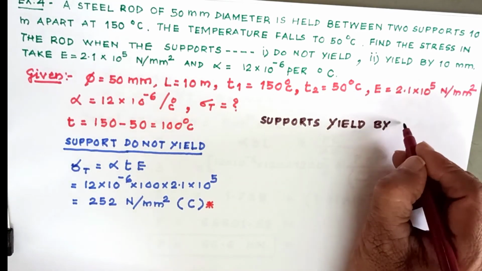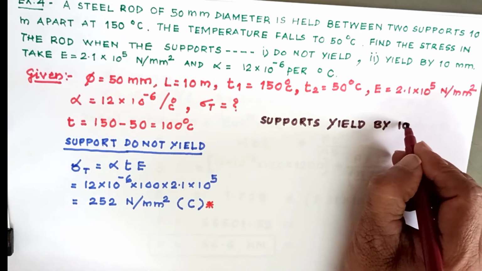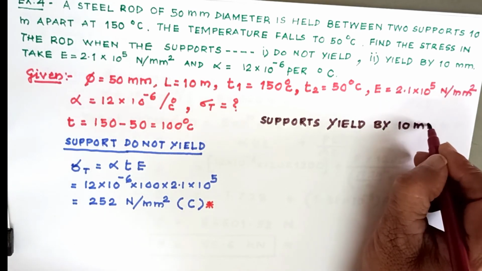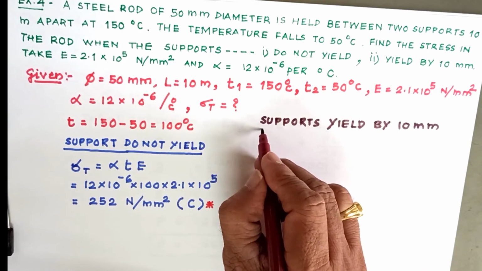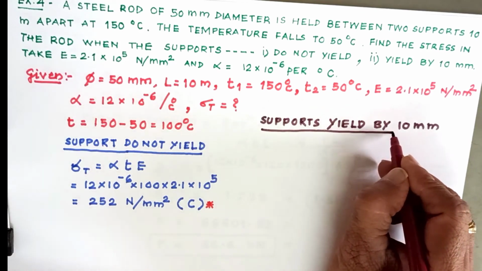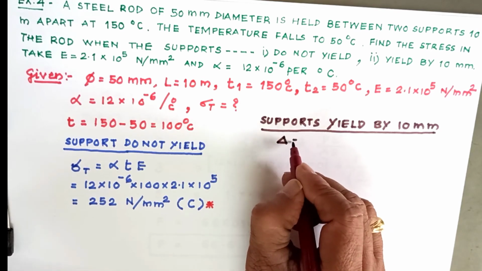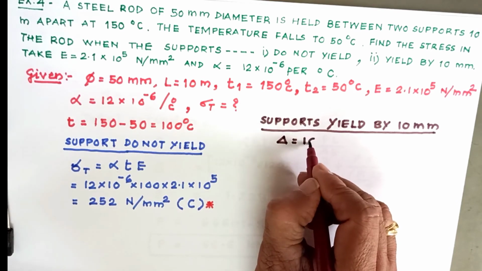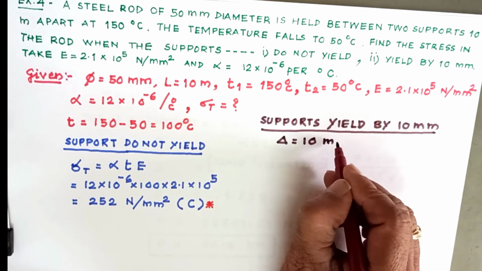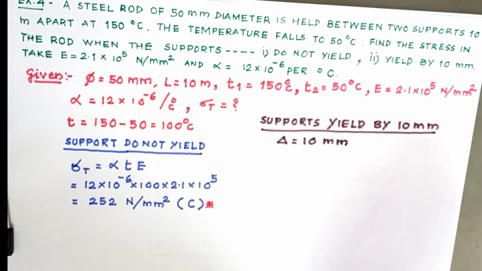Means supports get displaced by 10 mm. Okay. Now, in this case, delta is equal to 10 mm. Means out of free or natural deformation, 10 mm deformation is not prevented.